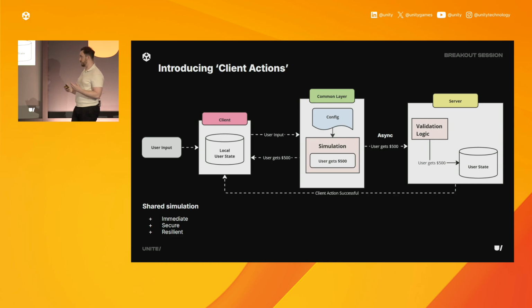We would determine the reward that the player gets, we would show it in real time, and we'd save it in their local state. Then asynchronously, at some point, that same simulation will get run on the server, and it does a validation and checks if everything came out correctly, if the values were valid, and if so, it'll tell the client this was okay, and if not, we can basically show an error and roll the user back to a previously valid state.